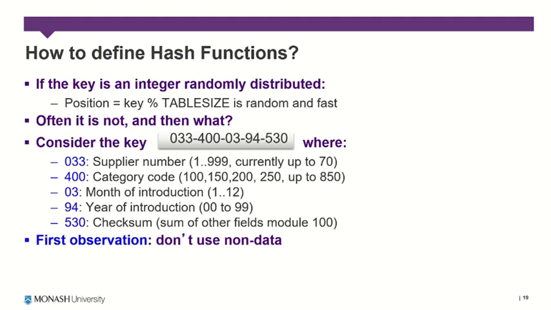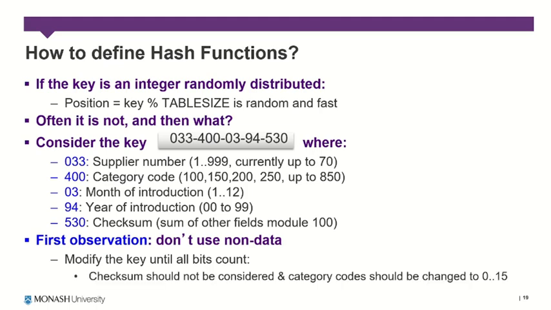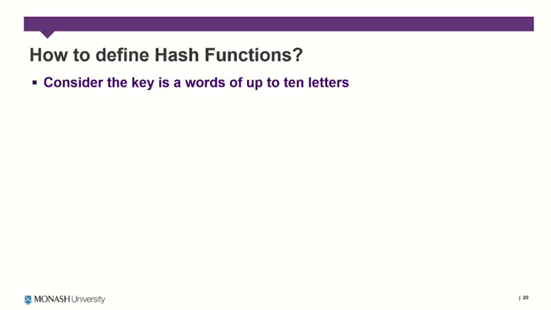So the first observation is we've got data in there that's not really relevant, or it takes a long time to calculate. For example, we could modify the key so that all bits count, the checksum should not be considered, and category codes should be changed from 0 to 15, because we've got a lot of wasted data that we don't need. So the point is we want to make sure our key is quick to work out and generate. That way we can apply the modulus and get our final position relatively quickly.